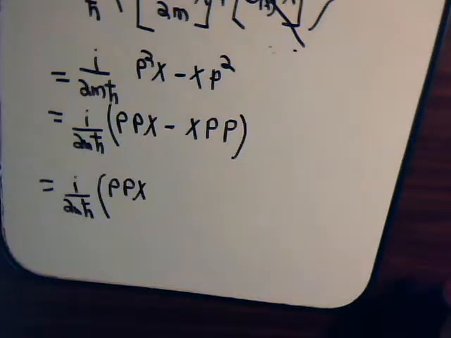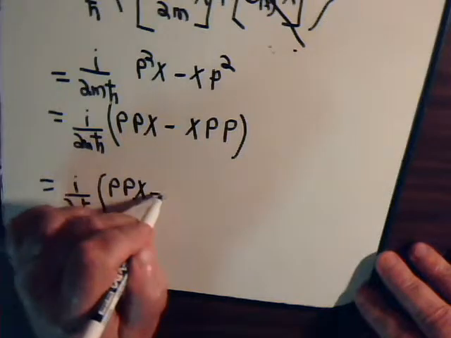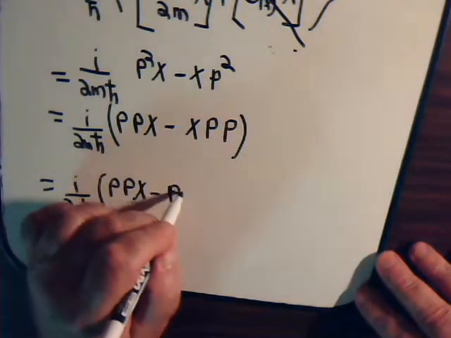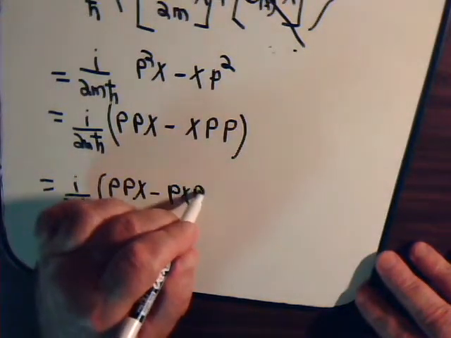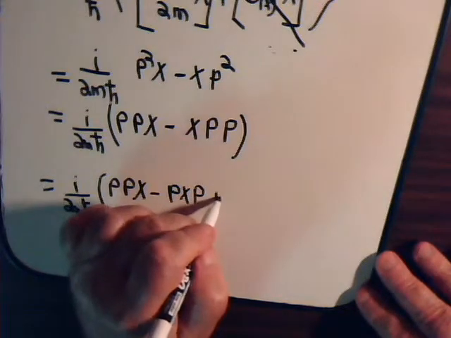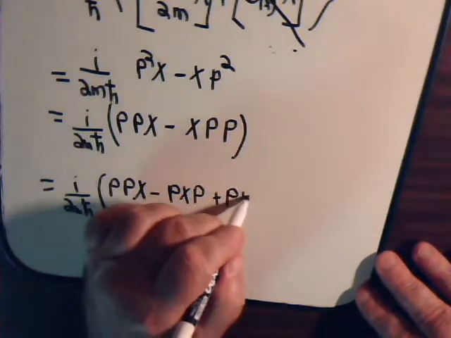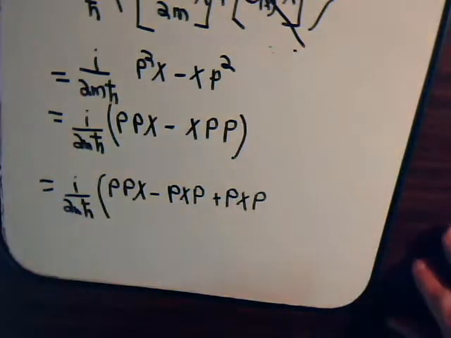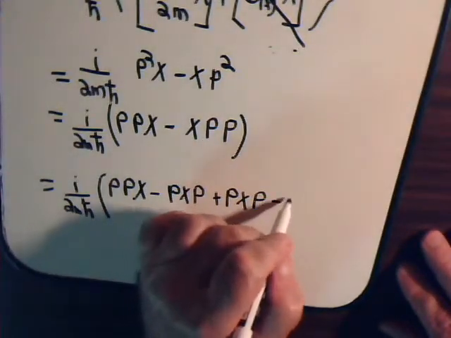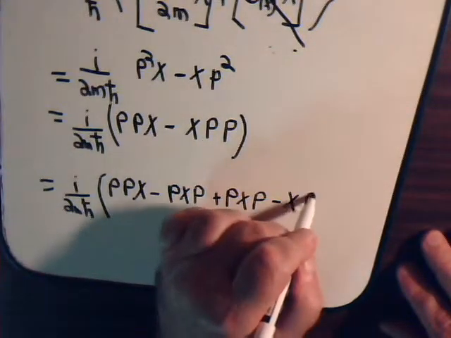And let's do this. Let's try subtracting p x p, and we'll add it, so we're not adding anything new. And we have this term, minus x p p.